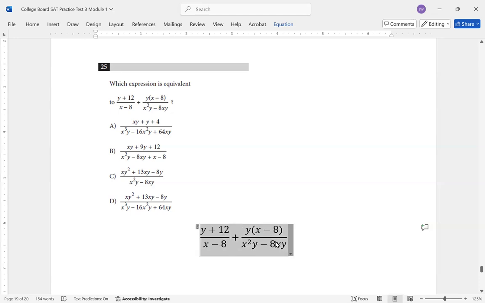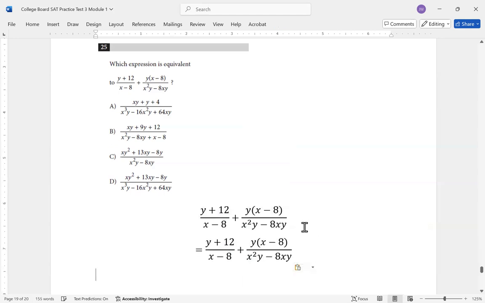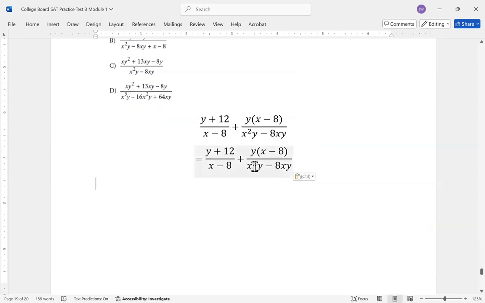So I'm going to copy that expression. And I'm going to say that notice this second fraction, we can rewrite the denominator by factoring out a copy of x times y. When I do that, I'm going to lose a copy of x and lose a copy of y in both pieces. And I end up with this.